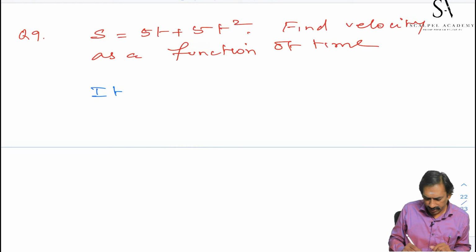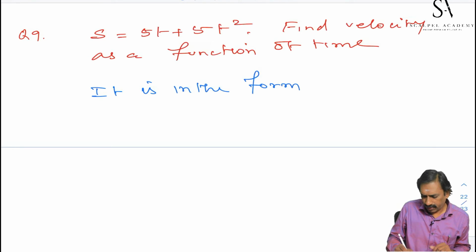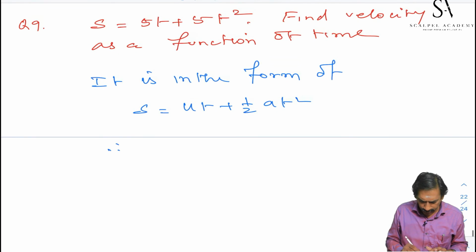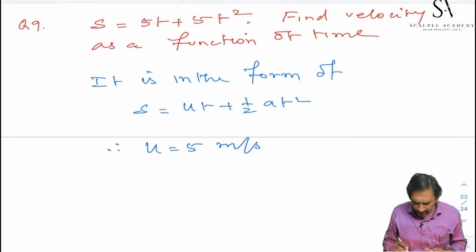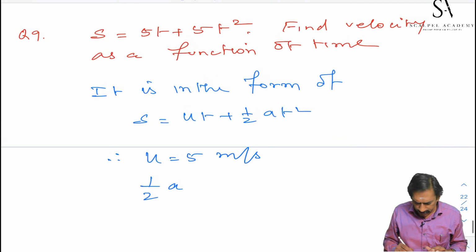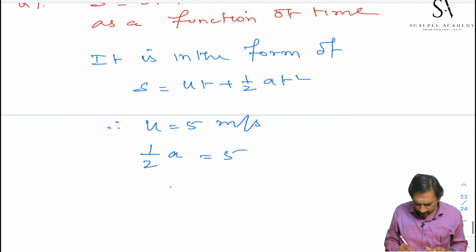It is in the form of S is equal to ut plus half at square. At the place of u, what is there? 5 meter per second. At the place of half a, 5 is there. Therefore, a is equal to 10 meter per second square.